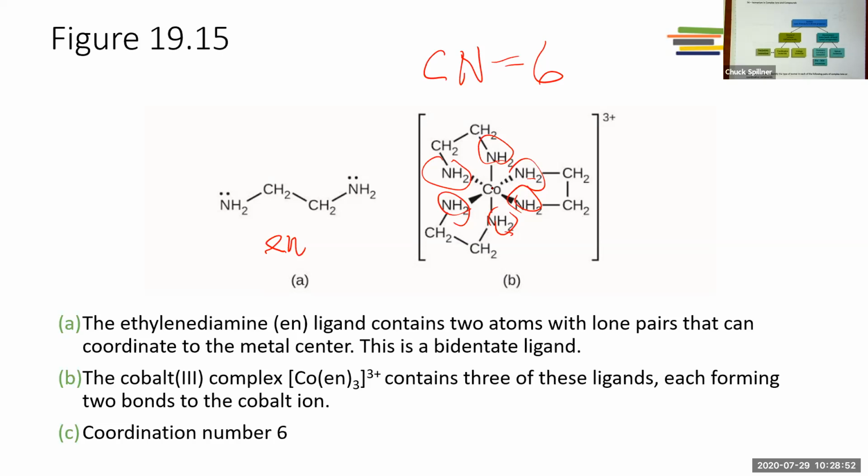So this is how a bidentate ligand can form a complex ion with a coordination number 6 and form an octahedral shape. At the very bottom, the comment says coordination number 6.